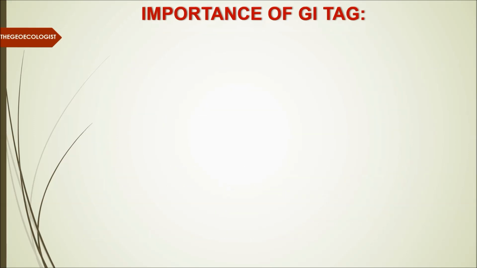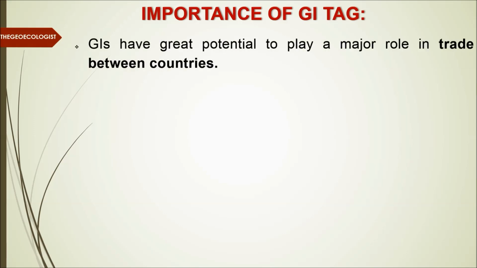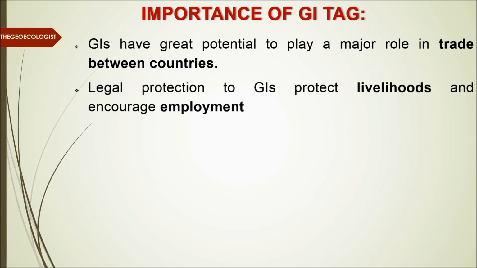Now, continuing with the importance of GI tag, they have great potential to play a major role in trade between the countries. Unique products are in demand everywhere; people want those unique products from different countries. So what happens? It provides legal protection. GI tag provides this certification and legal protection to those particular products, right?